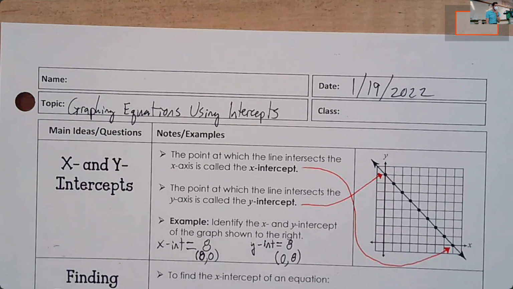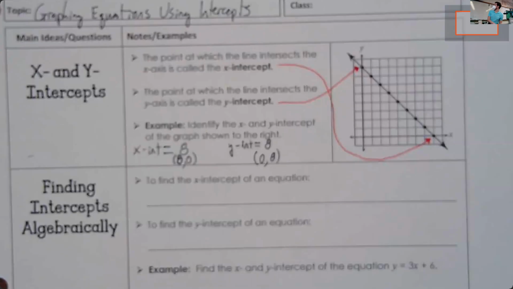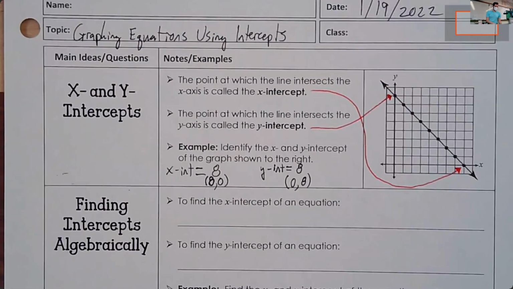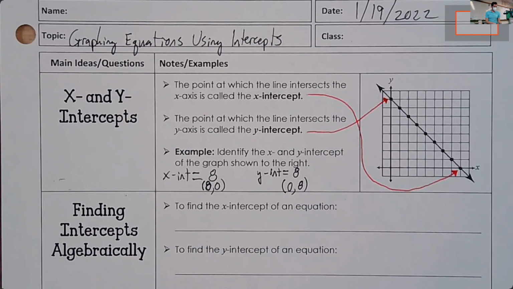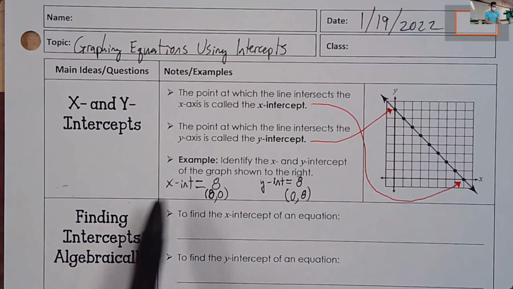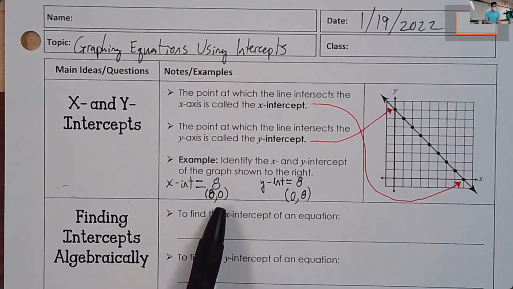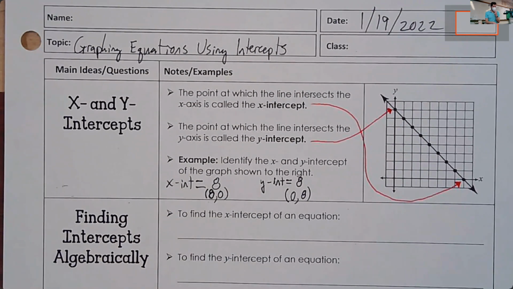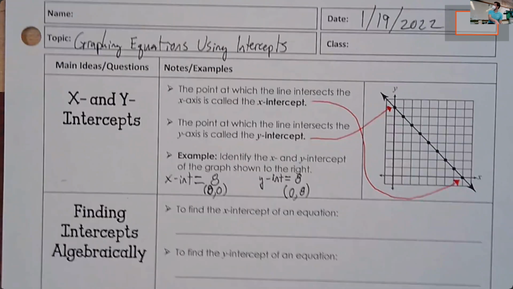So what we're going to do today is a little bit of algebra. You can see the next thing right here. It says finding intercepts algebraically. To find the X-intercept of an equation, that's this first one, what is the Y coordinate for an X-intercept? 0. So what we're going to do mathematically and algebraically, we're going to do in this first little example down here in just a moment.